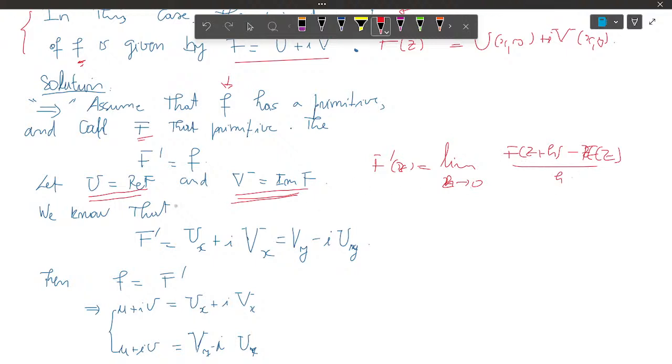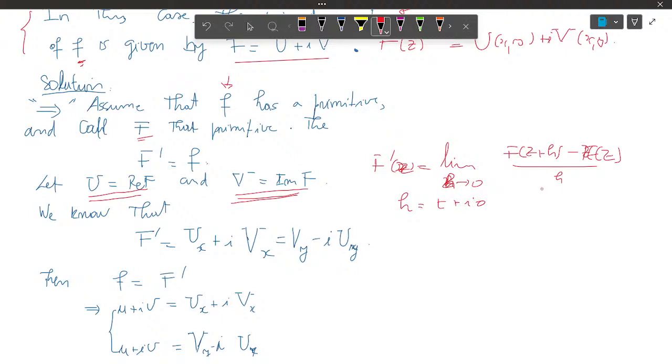Now, if we assume that the derivative of capital F exists and is equal to small f, this limit always exists. But look, we can assume, for example, that our h only has a real part, no imaginary part.